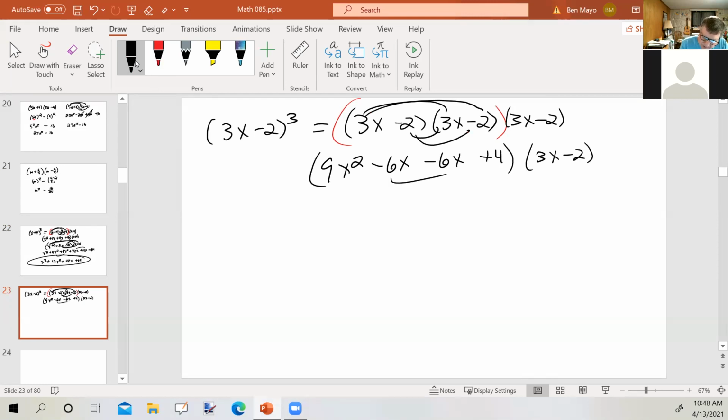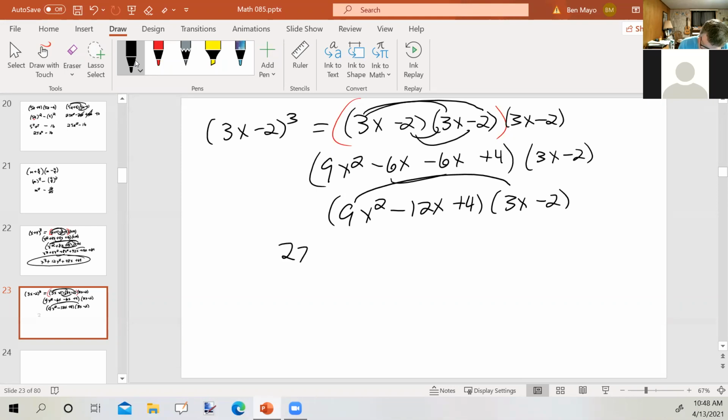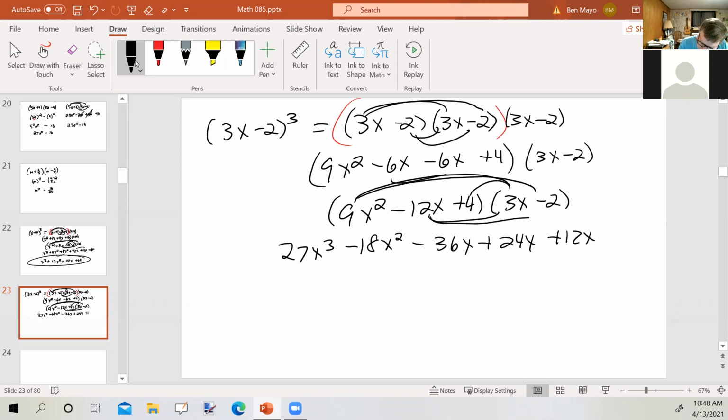But simplifying inside that first product, we get 9x squared minus 12x plus 4 times 3x minus 2. Continuing to multiply, 27x cubed minus 18x squared minus 36x plus 24x plus 12x minus 8.